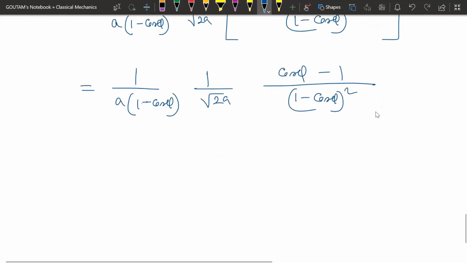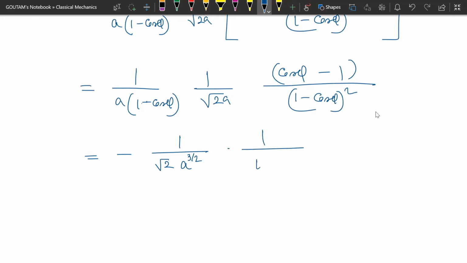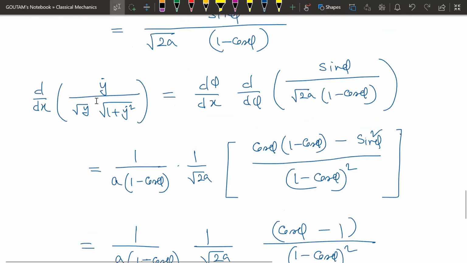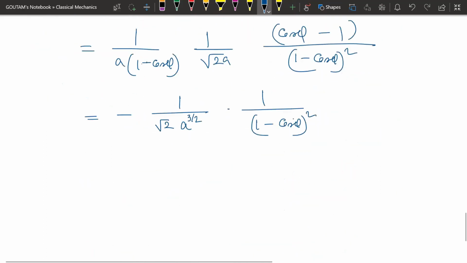So in that case, it will be minus 1 by root 2 a to the power 3 by 2 times 1 by 1 minus cos phi square. So that's the value of this d/dx of y dot by root y times root under 1 plus y dot square. Let's call it equation 2.